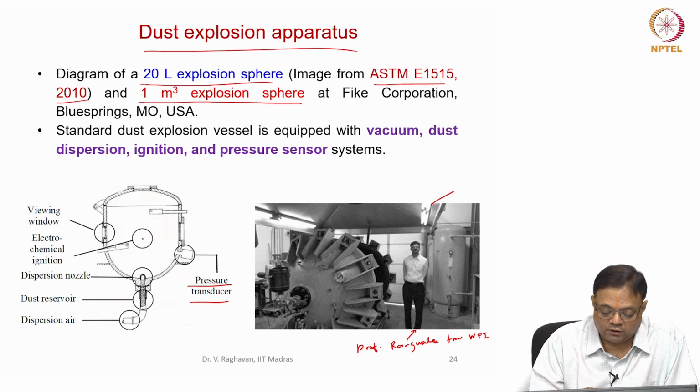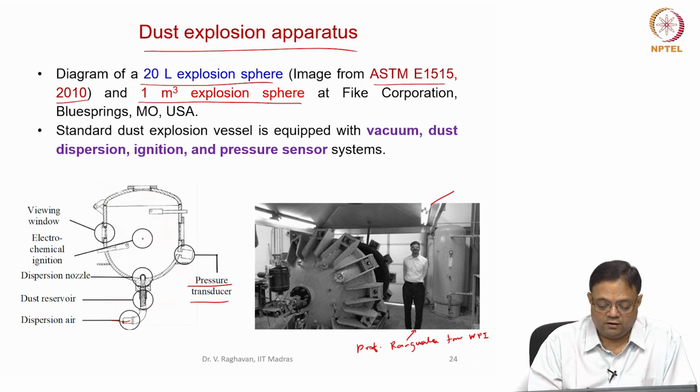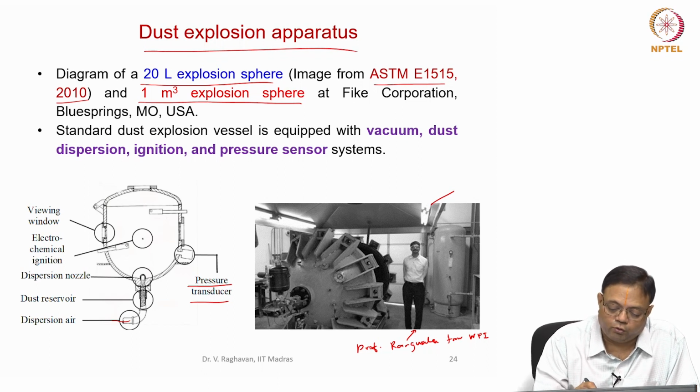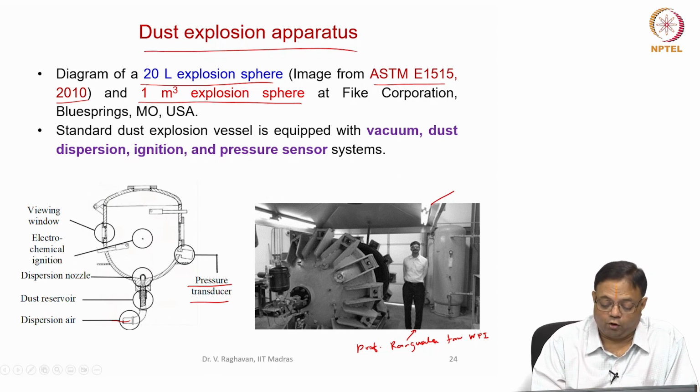Then there is a dispersion nozzle, then a dust reservoir. You can see the dust reservoir and dispersion air. This air will be injected at a very high pressure, so that the dust will be dispersed from this reservoir into the chamber. There will be some quartz glasses, so you can view what is happening inside and simultaneously measure the pressure.